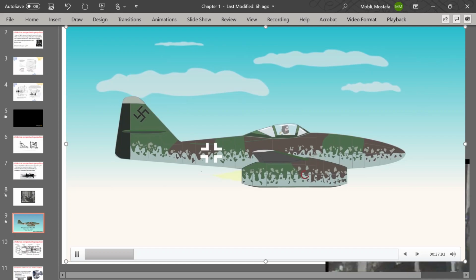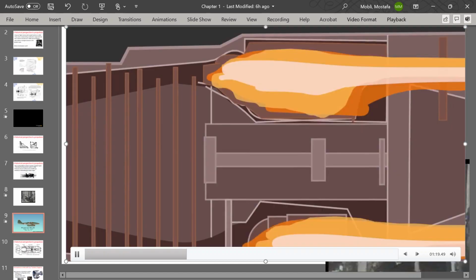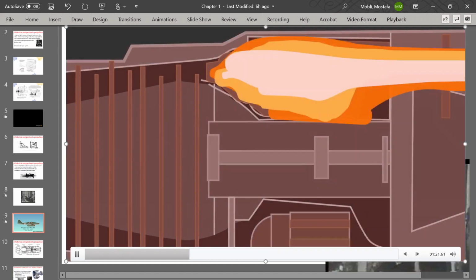While these were better than the previously tested BMW 003 engines, they had a short operational lifespan of just 20 to 25 hours due to shortages of heat-resistant materials. The jet had a maximum speed of 900 kilometers per hour, or 559 miles per hour, and would be difficult to maneuver for the inexperienced pilots training with this new machine. The ME-262 impressed many, including the famous German air ace Adolf Galland.